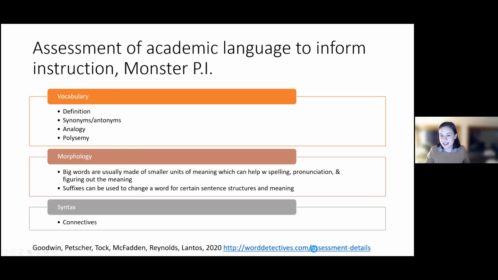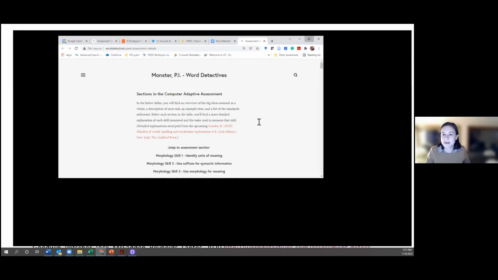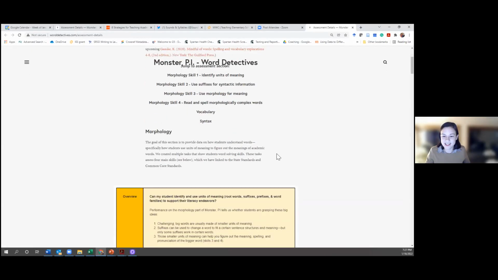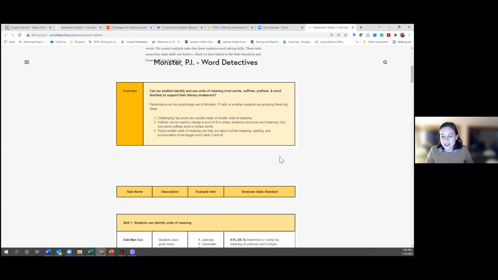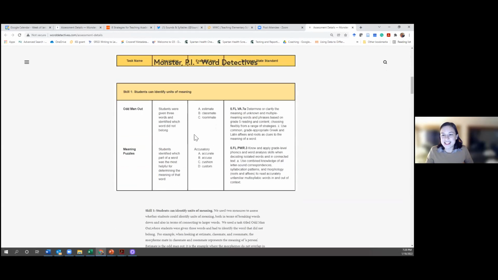For morphology, I'm going to pull up how they measure morphology. Can I get a thumbs up from somebody? Are you seeing my screen? Yes, thank you. So I kind of like this task where they have a whole bunch of tasks, probably 10 different morphology tasks.